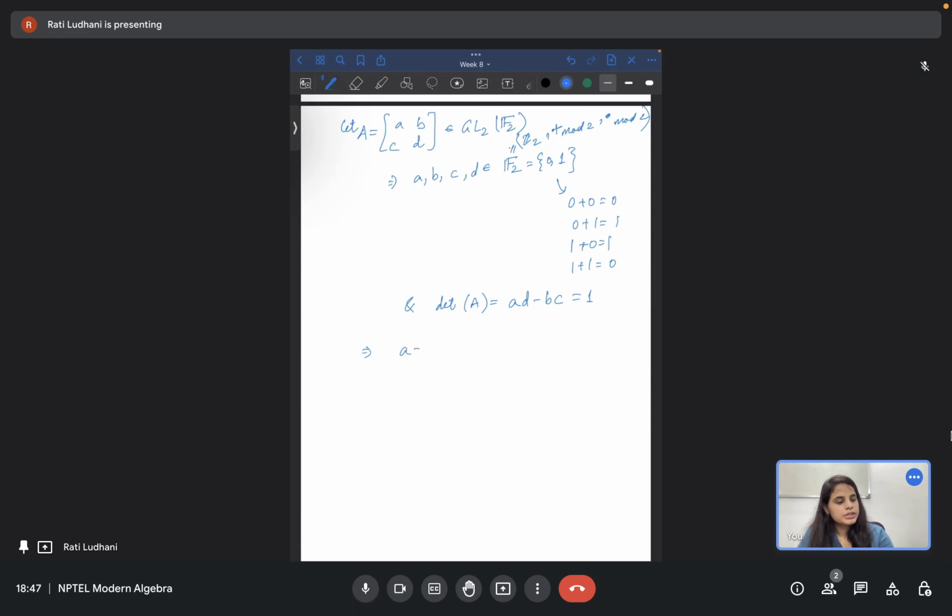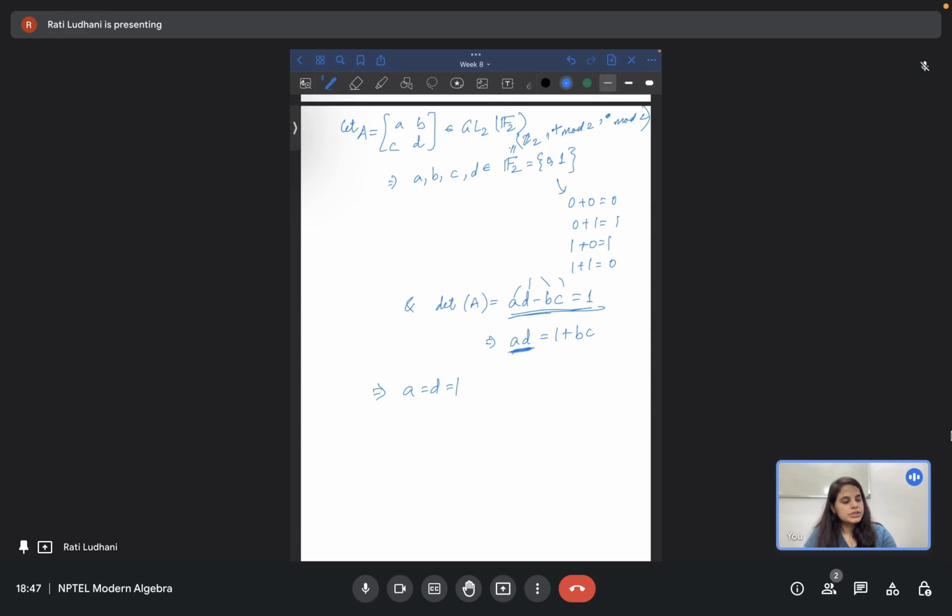So now all these elements belong to 0 or 1. What are all the possibilities? To make it easy, I can write AD is equal to 1 plus BC. Now see what are the options. Let's say A and D are equal to 1.